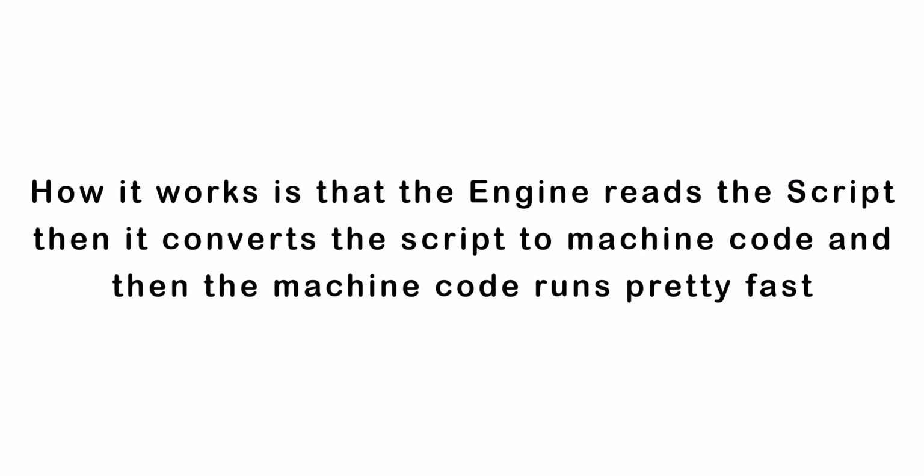So when the engine reads the scripts that have been written, it compiles them to machine code, and this machine code then runs and executes very fast. That's how these engines function.